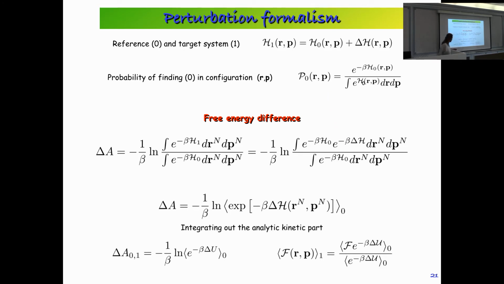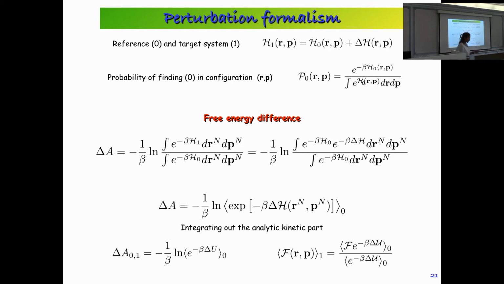That means that we can obtain the delta A, the difference in free energies, just by sampling in the ensemble obtained with H0. So we take the ensemble average of this quantity by sampling in this ensemble.